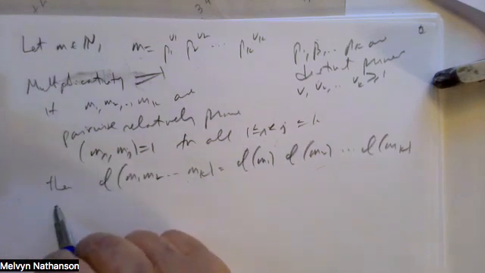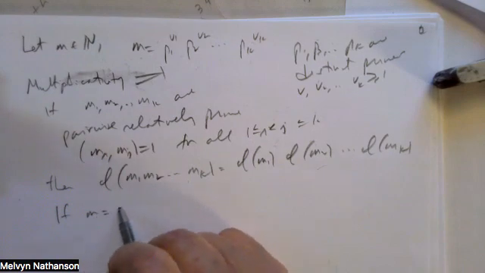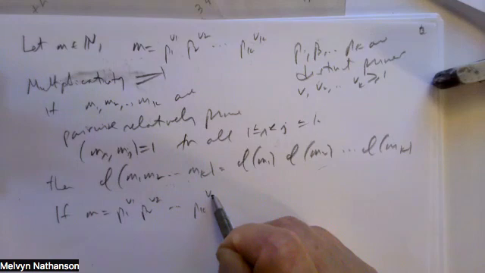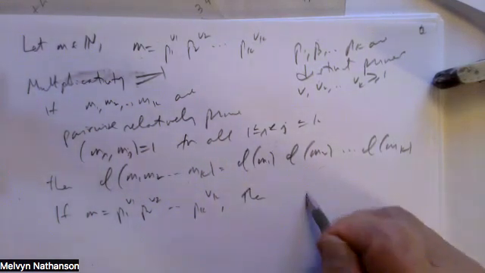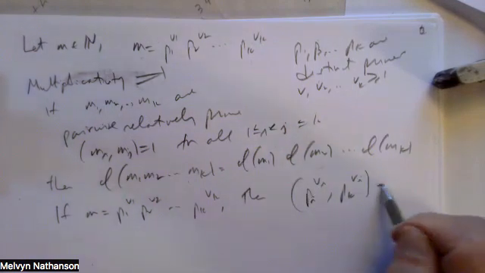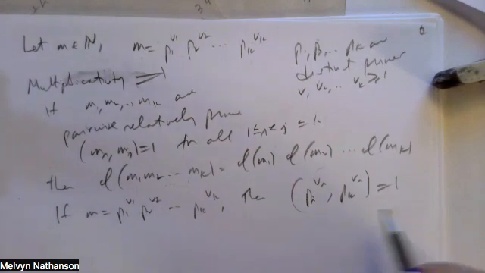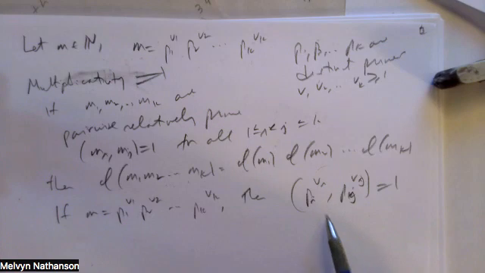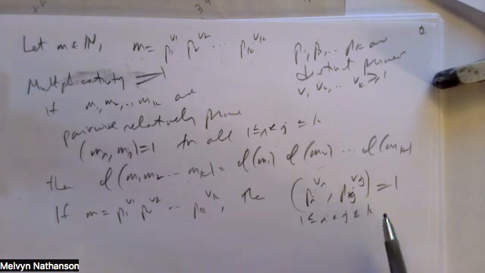So in particular, if m is p1 to the v1, p2 to the v2, up to pk to the vk, these are distinct prime powers. So pi to the vi and pj to the vj are relatively prime because their powers are of different primes. These are pairwise relatively prime integers for i different numbers between 1 and k.